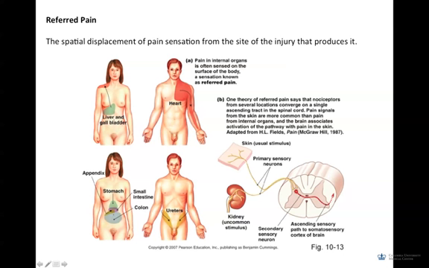So this convergence theory is the prevailing explanation for this process of referred pain. But essentially, referred pain is visceral pain. And so knowing this pattern of areas of the body that correspond to different types of visceral pain can be very important when evaluating a patient's pain, determining whether it's actually coming from a visceral organ or actually coming from the surface.